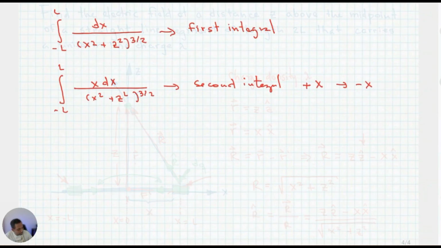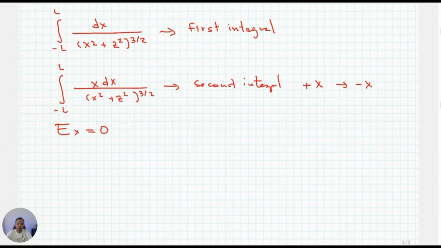Then we will have that. So let's keep working on the first integral, that is the only one that is surviving.